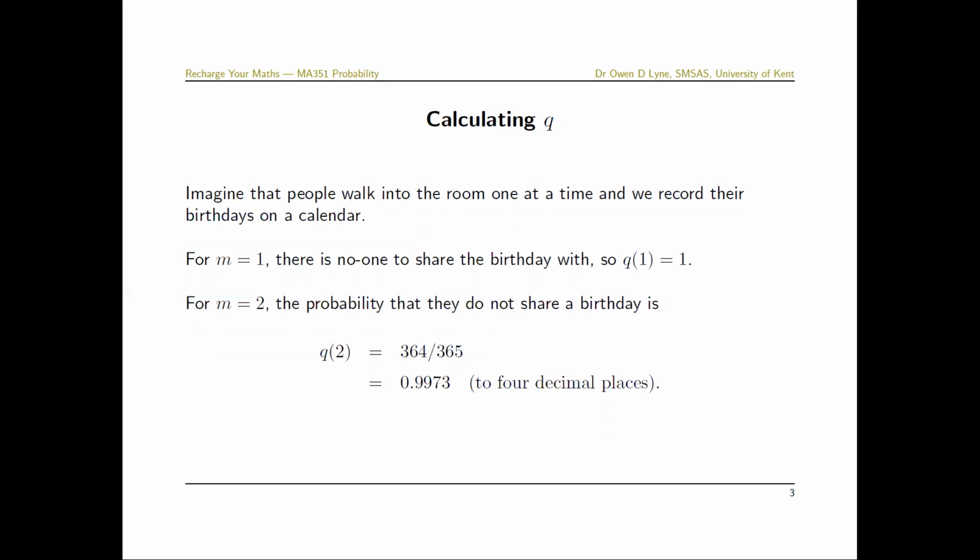Second person walks into the room, one day's already ticked off on the calendar, they've got 364 other days to choose from. Assume for this purpose we're not dealing with a leap year. If we assume all the days are equally likely, the probability is then 364 over 365, which is 0.9973 to 4 decimal places.